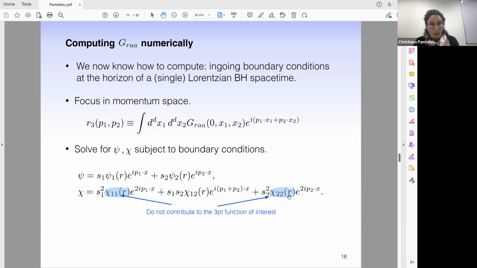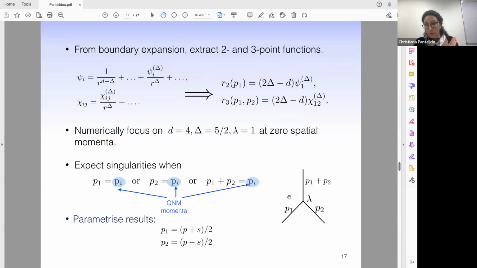Okay, and then we need to solve for these fields psi1, psi2, and chi12, subject to boundary conditions in the UV and ingoing boundary conditions at the horizon. So let's see what boundary conditions we impose in the UV. For our scalar field psi, psi1 and psi2, we impose that we want to have a source term.